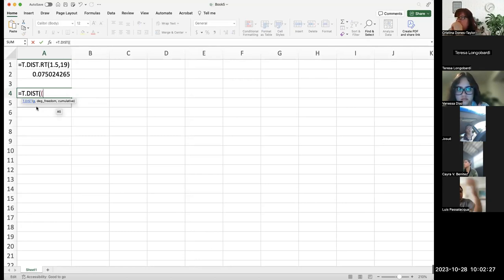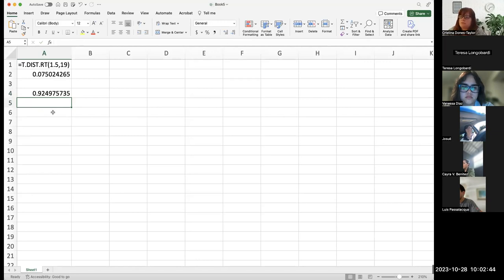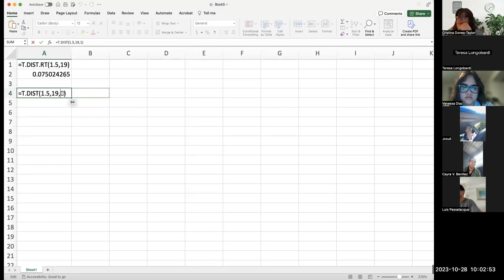So when you go this way, you have to do 1.5. And then you have to say degrees of freedom. And you have to say you want everything on the left, cumulative. So it's 0.924. It's weird, because they should make 100.